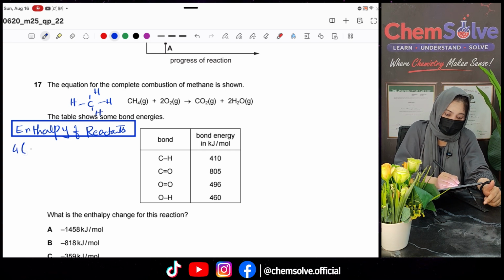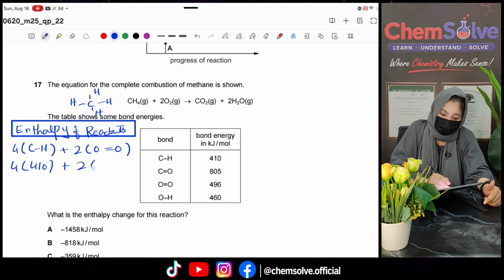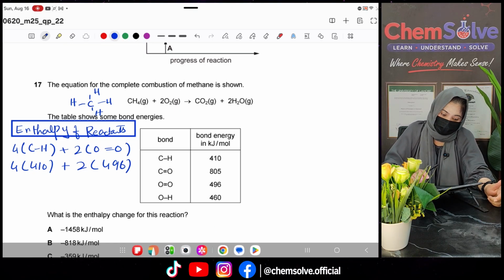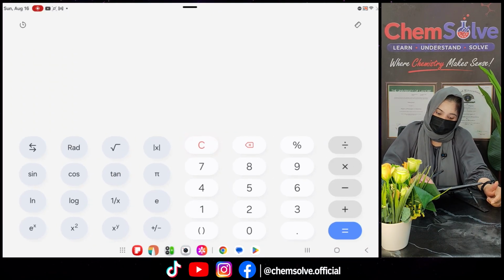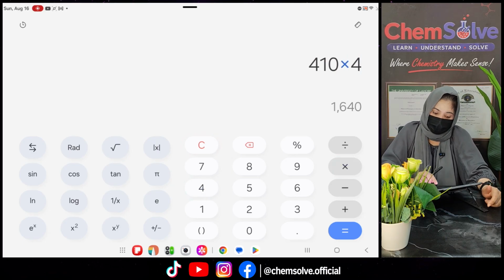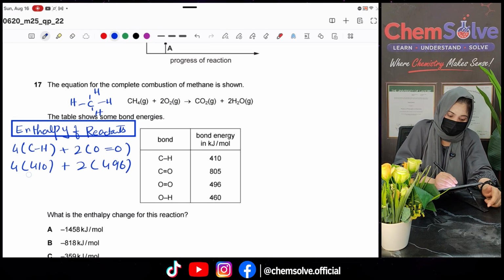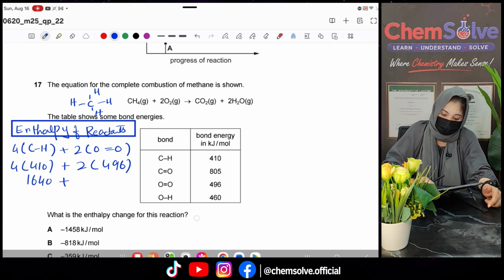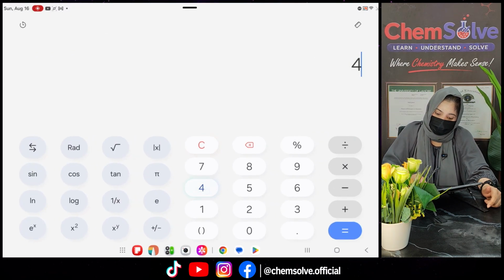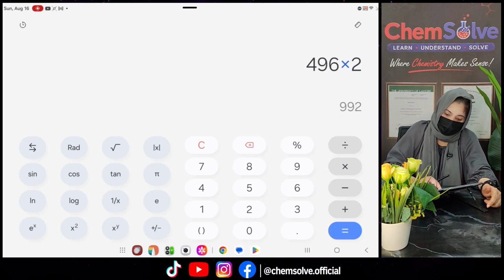So it has 4 C-H bonds and it has 2 oxygen double bond oxygen bonds. 4 C-H bonds mean 410 multiplied by 4, and 2 O=O bonds, 496 multiplied by 2. 410 multiplied by 4 is 1640. 496 multiplied by 2 is 992.